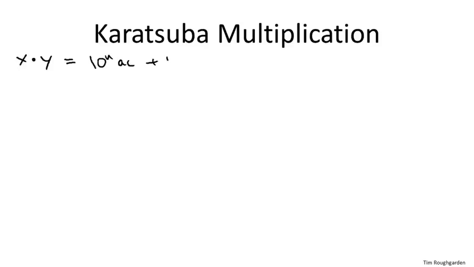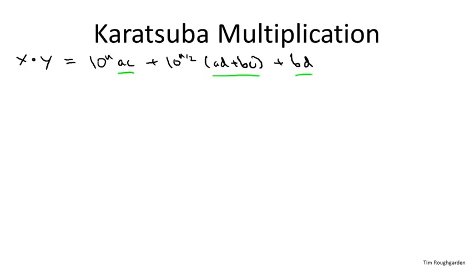To explain this algorithm, let me write once again our expansion in terms of the n over 2 digit numbers. We have the product x times y, which we wrote as 10 to the n AC plus 10 to the n over 2 times (AD plus BC) plus BD. Now, the previous approach was, in recognition of the four products that we see in this expression, we made four recursive calls. So here's the trick, and this is really what Gauss figured out over 200 years ago: it seems there are four products, but fundamentally in this expression there's really only three quantities that we care about.